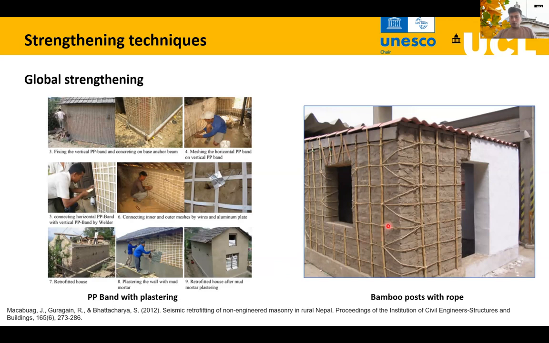And on your right, you can see some bamboo vertical elements, and they are used to support the rope joints, so that the rope binds all the walls together. In low strength, the Adobe or rammed earth structures here, these vertical bamboo posts also to some extent impart lateral resistance.